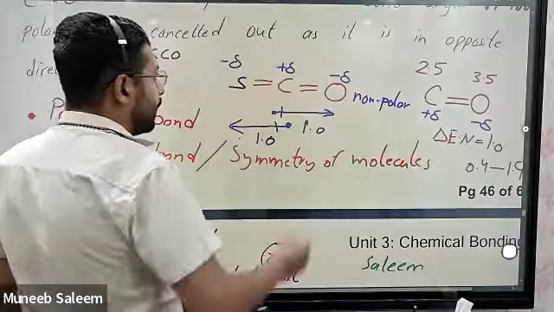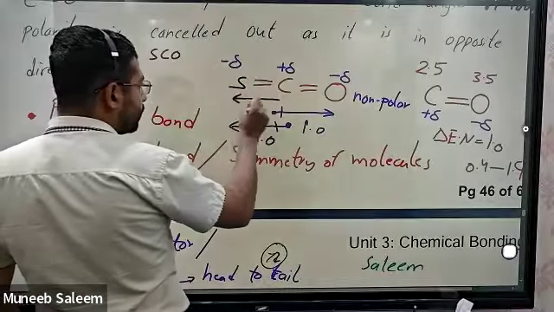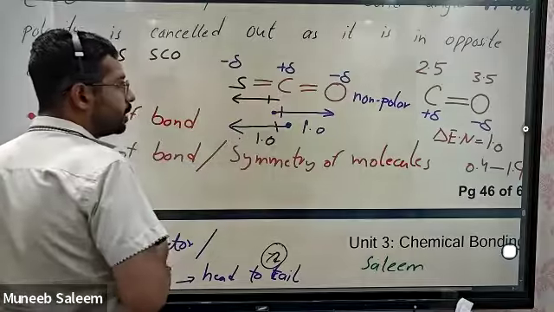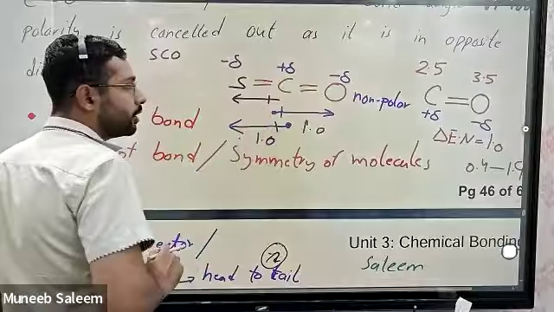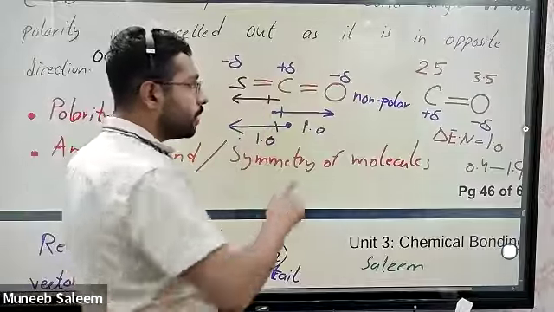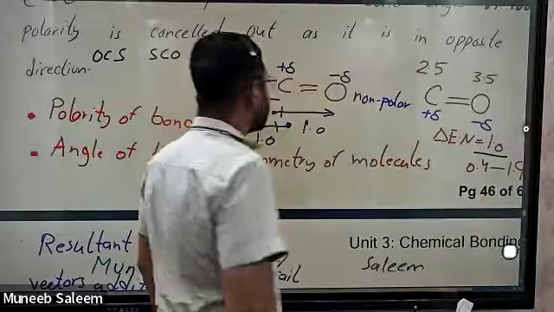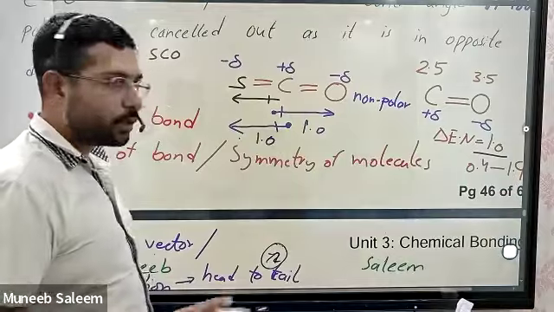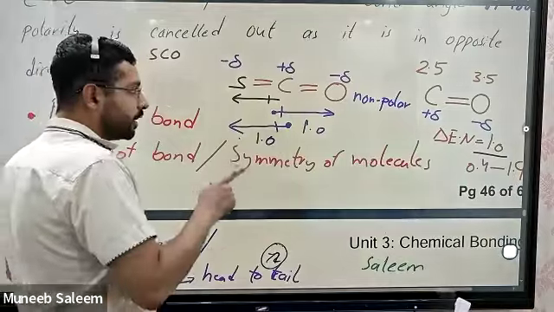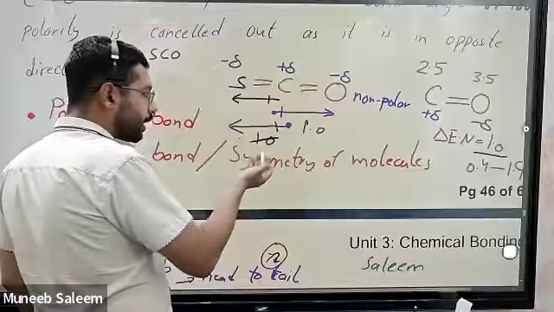Now the arrow will point from the positive side towards the negative side in this manner, but the difference of these two arrows is not the same. They are not equal. We have already calculated the difference of 1.0 between carbon and oxygen, but although I do not have the value of sulfur, we can say it will not be 1.0, it will be something different. It can be less than 1.0.